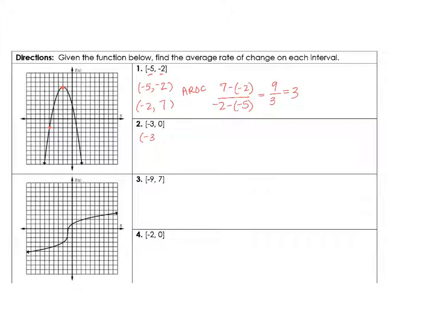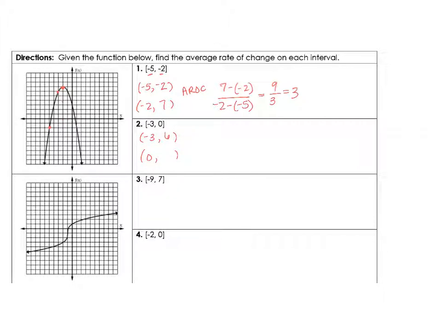This is -3, comma, something, and 0, comma, something. And so if we go look over at our graph at -3, when we count back 3, we need to see where we're at on the graph. So 1, 2, 3, 2, 3, 4, 5. It looks like we're way up here at 6.